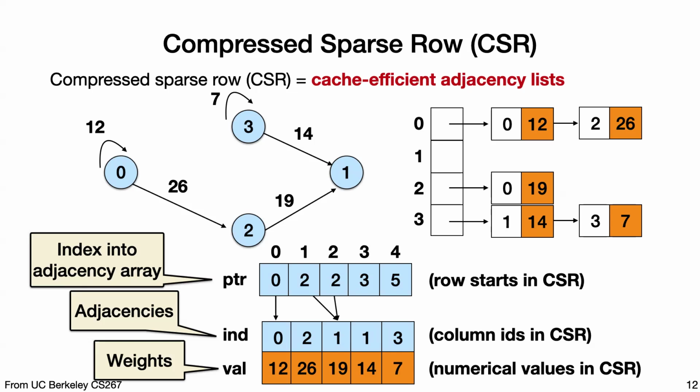The way that you build any of them is that you go through every non-zero in that row and write its column ID here, and since you know how many there were, you know where you started writing them and where you ended writing them, which is just the previous one plus how many there were.